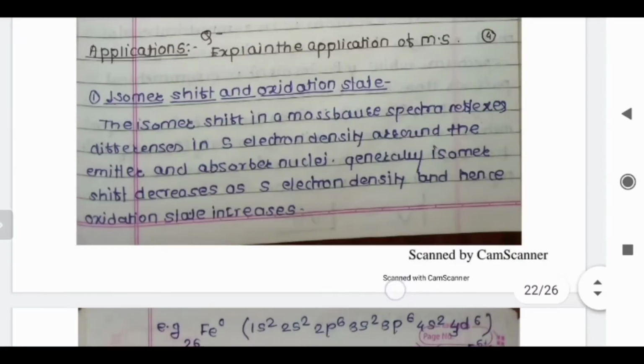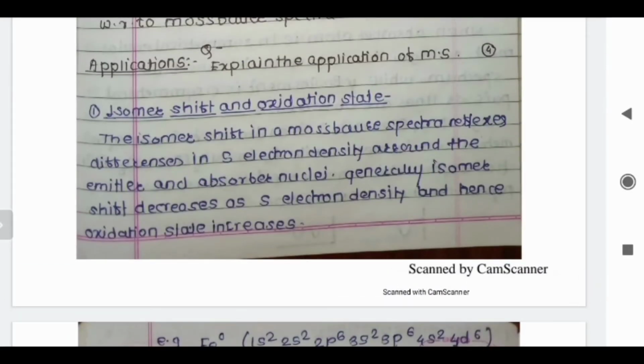The first application is the isomer shift and the oxidation state.